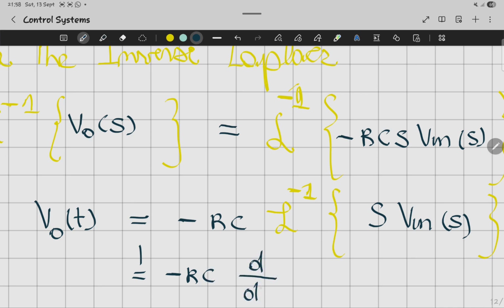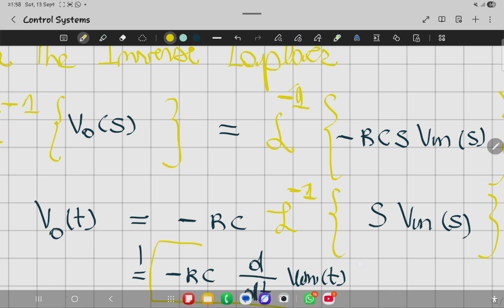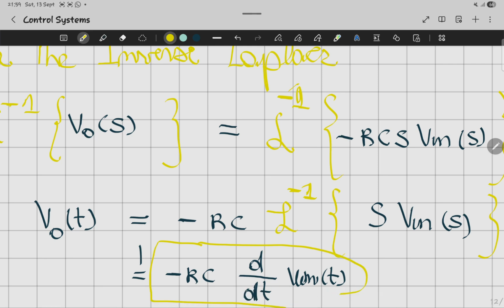We know how to represent the Laplace transform of S. If you check the Laplace table, this is what we get on our final answer.